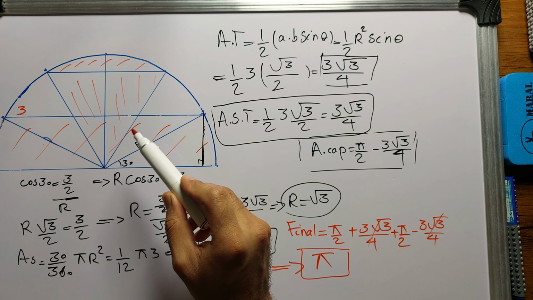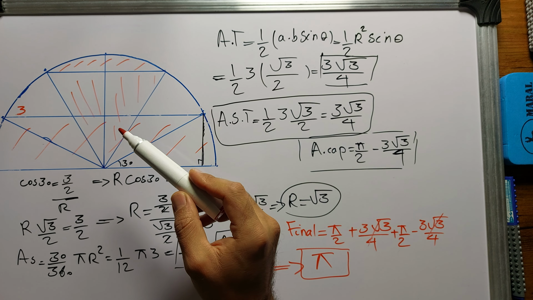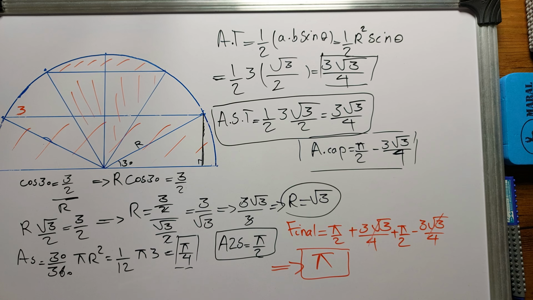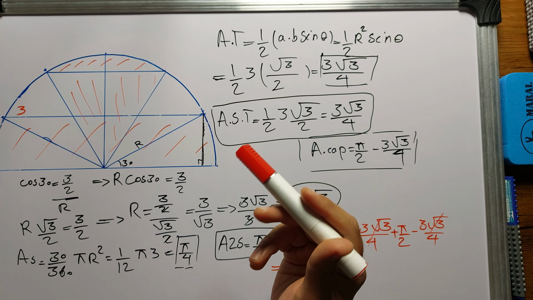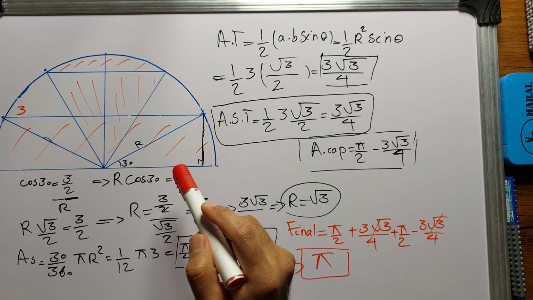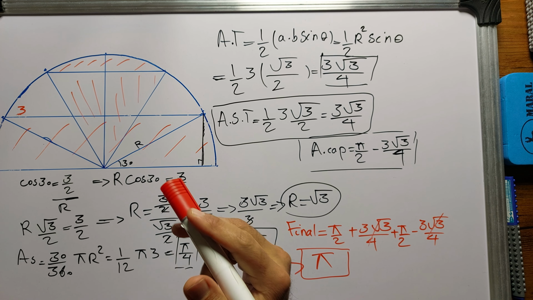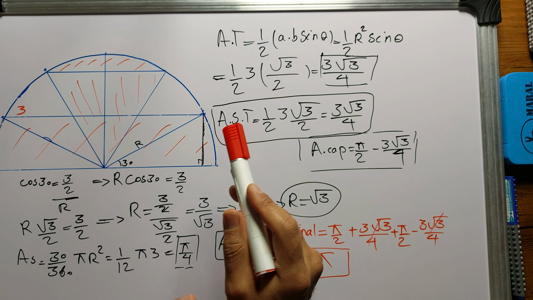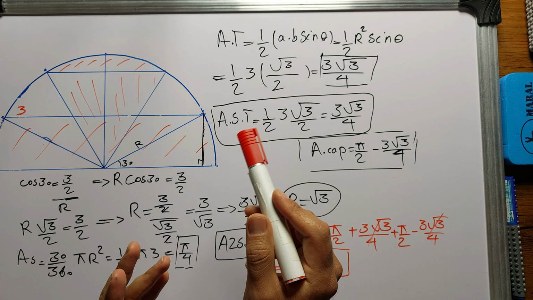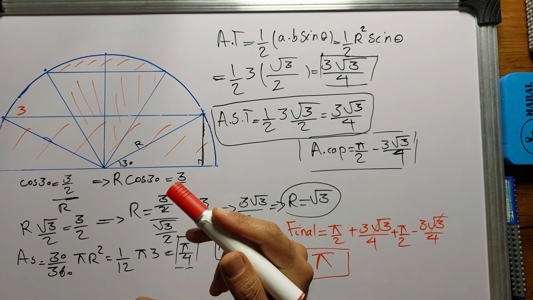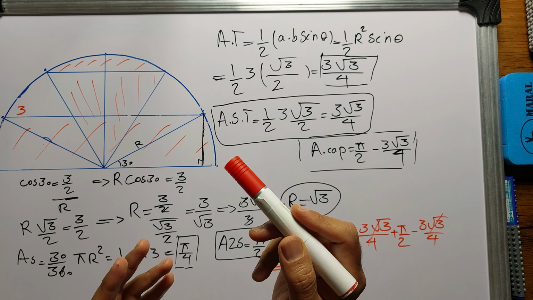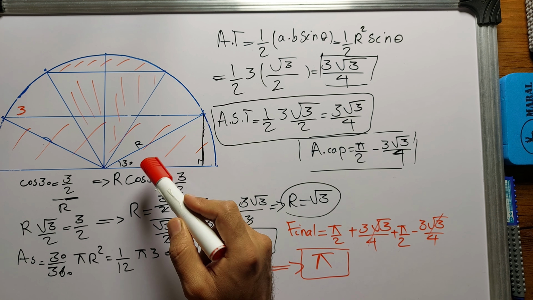All you need to do is find out and prove that these triangles are congruent. Of course, there are a lot of other approaches. For example, you could use calculus, you could use integration, because now we have the radius r here, so you could write down the formula for the circle or the semicircle, for example, x squared plus y squared equals r squared equals 3.